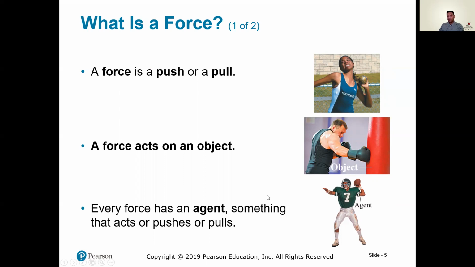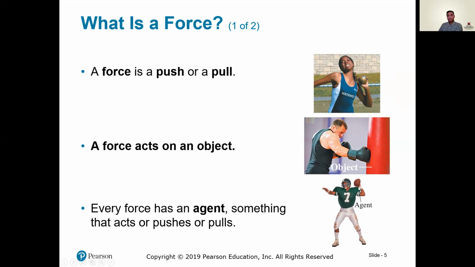And we're going to see that not every force needs physical contact, but you will see in later problems that for some forces, if you have an agent and an object that is moving, the force has to be applied directly with physical contact. So in this case, it's an easy answer.